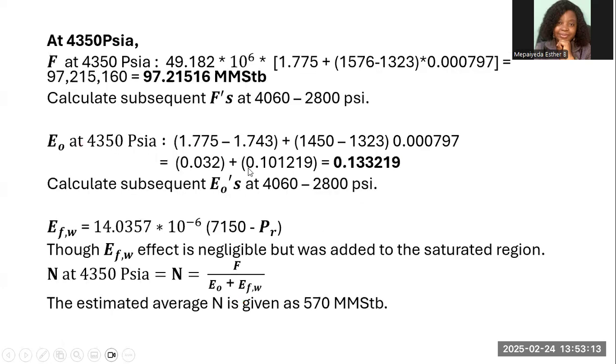Okay, so you have it all calculated here at 4350. So you just slot in the values at this pressure. You have all the values in the table. Okay, so you have your EO to be 0.1332. Calculate the subsequent EOs between 4060 to 2800 psi.